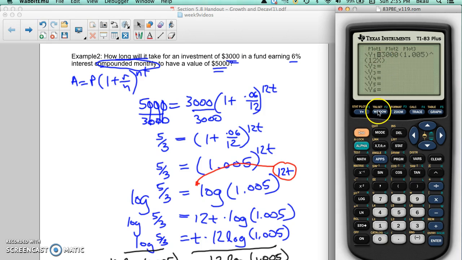Now we need to reset our window again because we want to go up to at least 5,000 here. So our graph's got to go up to 5,000 here. So we're going to go actually to 8,000, a little bit higher, and we're going to go by 100 here for the scale.